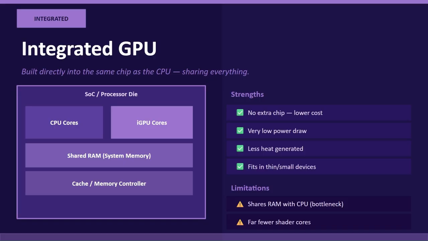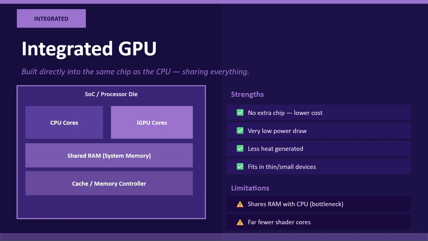So, the integrated GPU lives on the same chip as your CPU. They share the same piece of silicon and the same RAM. There's no separation of memory just for graphics.